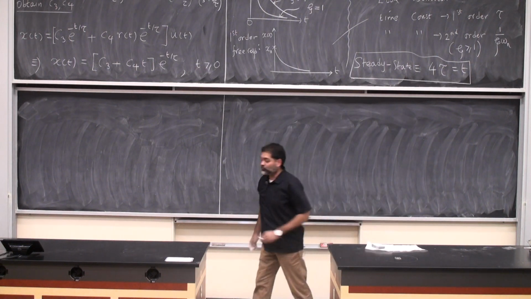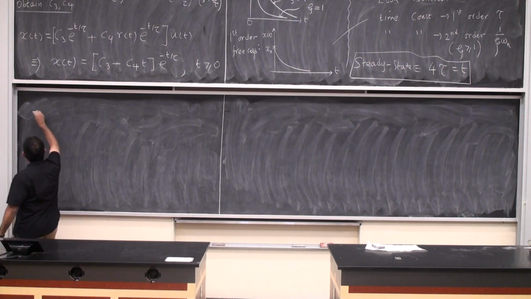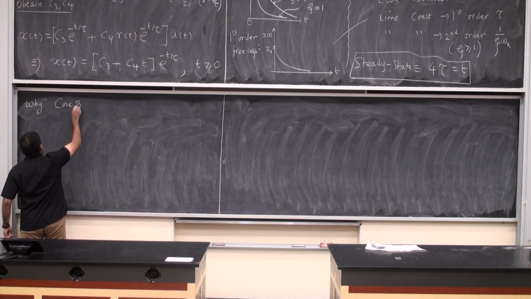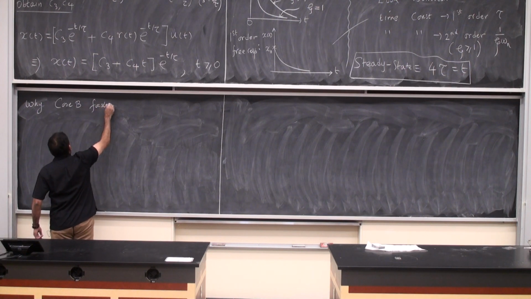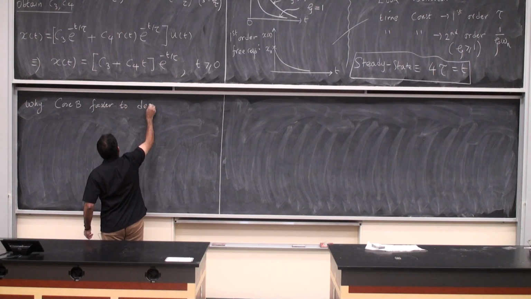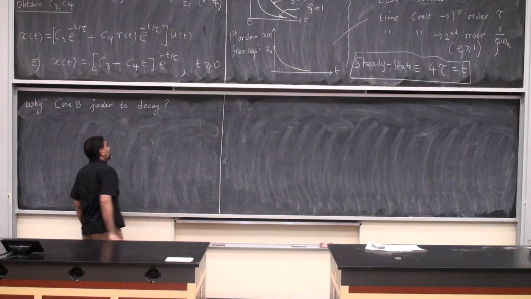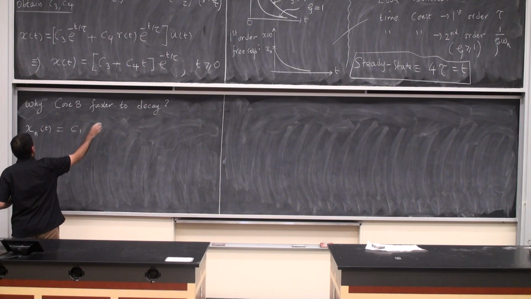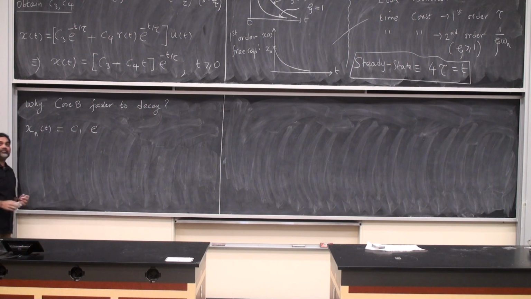So let's say the following. Why is case B faster to decay? I write the two solutions down. Okay. So case A, I'm going to have the subscript x suffix a. The full solution is C1 e to the power minus R1t.